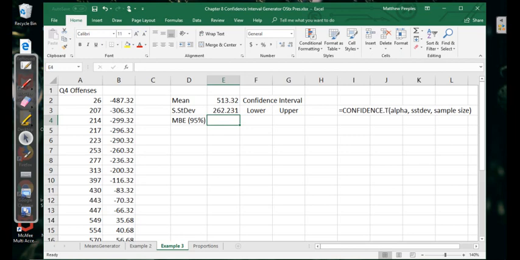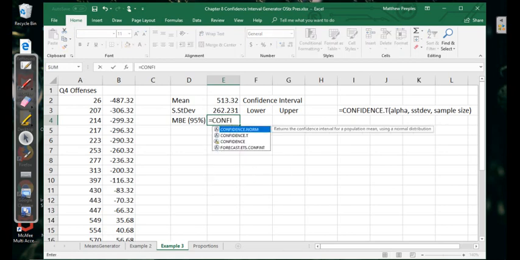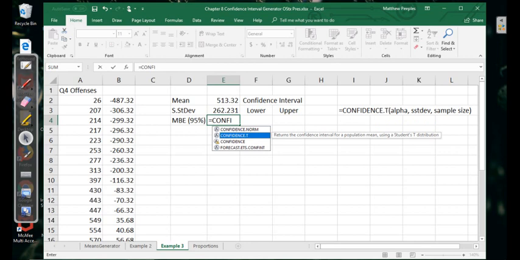So our MBE, how do we find it? Because we have a small sample, less than 30, in which we don't know the standard deviation of the population, we're going to use a t-distribution. The way it works is this: equals CONFIDENCE.T. It says it returns the confidence interval for a population mean using Student's t-distribution.